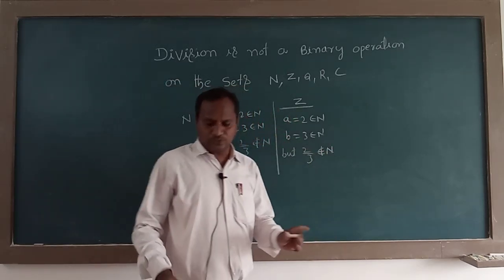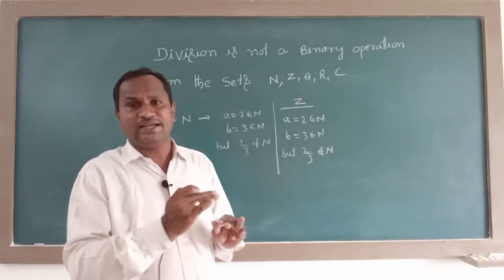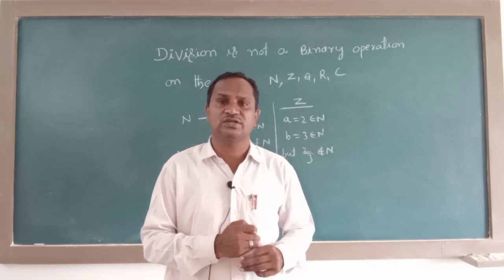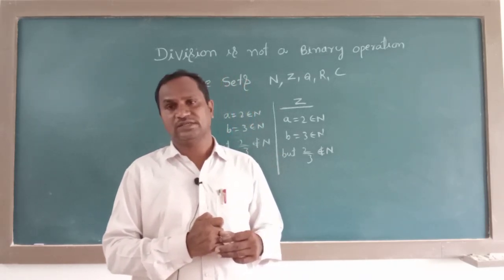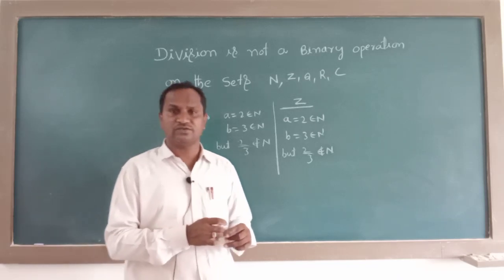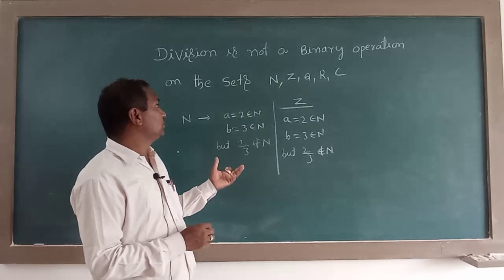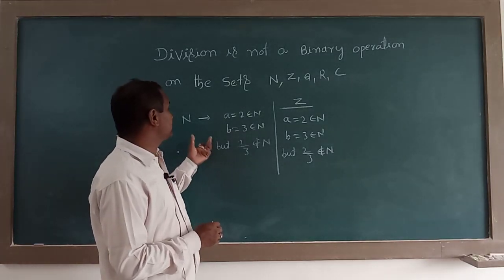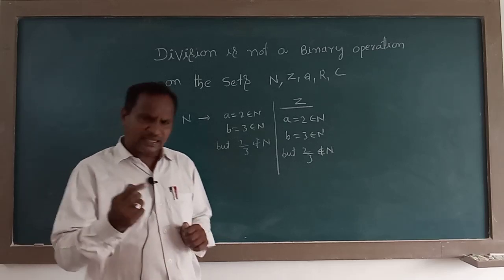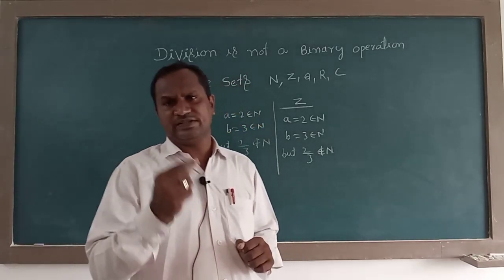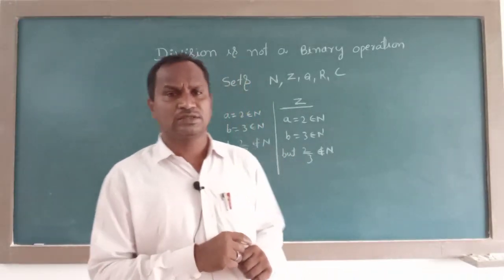But in the case of Q, R and C, we are seeing these numbers. Why does it not form a binary operation on the sets Q, R and C? About that you may raise a doubt here, and I'll tell you. I gave proof that division is not a binary operation on Z and on N. Just one example is enough to show that it is not satisfied.